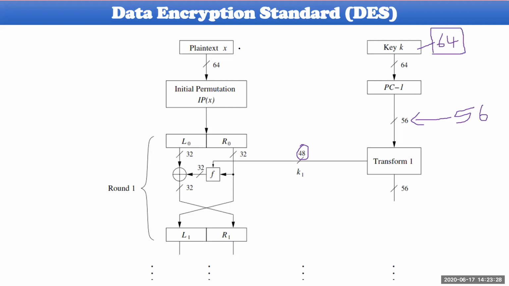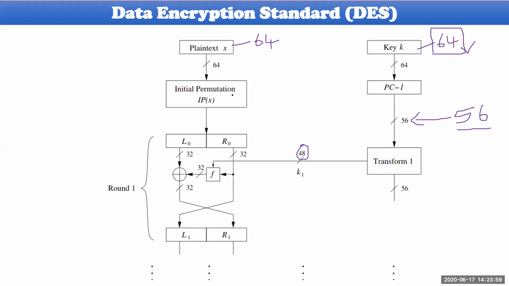The plain text you have taken into consideration is also 64 bits, and the key is also 64 bits, but 64 bits cannot be used directly. 8 bits are dropped so that the final input for your DES will be only 56 bits. How this is dropped, let me explain after some time, because we are not going into detail about the key here. We are talking only about the Feistel network.